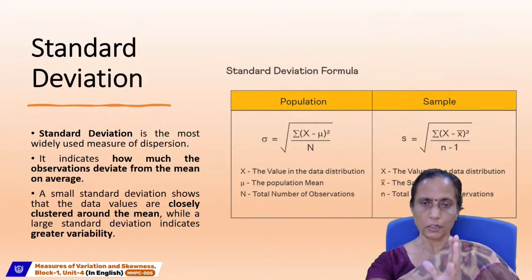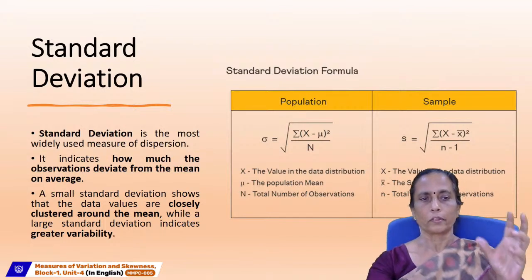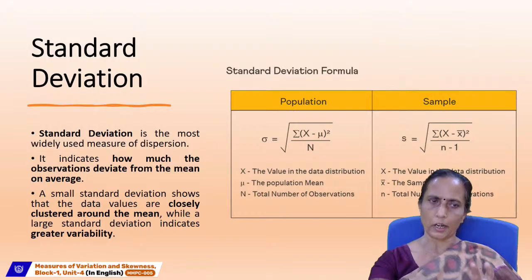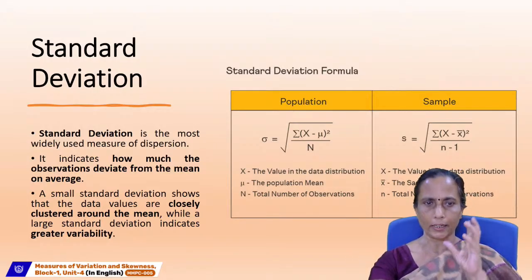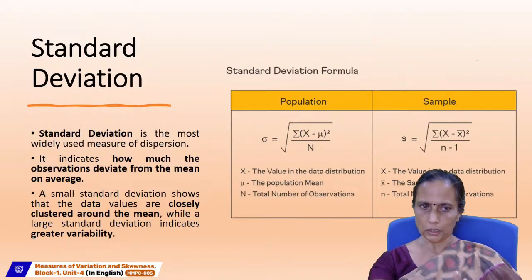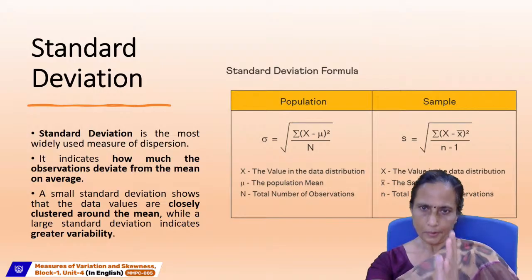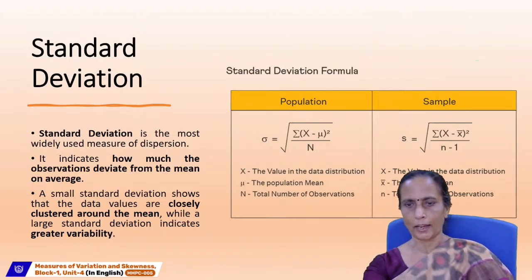measure of deviation, or you may say measure of variation, that is standard deviation. We said that this is the most frequently used or most widely accepted measure of dispersion. And for this standard deviation, we have taken the formula for population and sample as well.